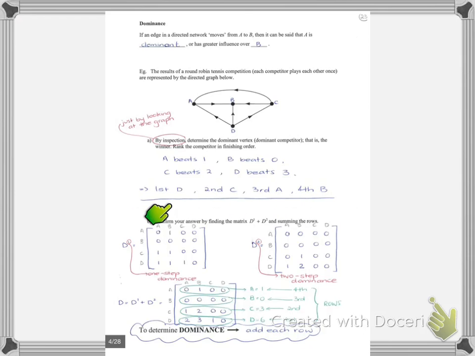Now obtaining that ranking was done just using one-step dominances. If we want a little bit more information, we might take into account the two-step dominances. So it's a bit like saying that Essendon can defeat Carlton, but as a two-step dominance, we might say that Carlton can defeat Collingwood and Collingwood can defeat Essendon.